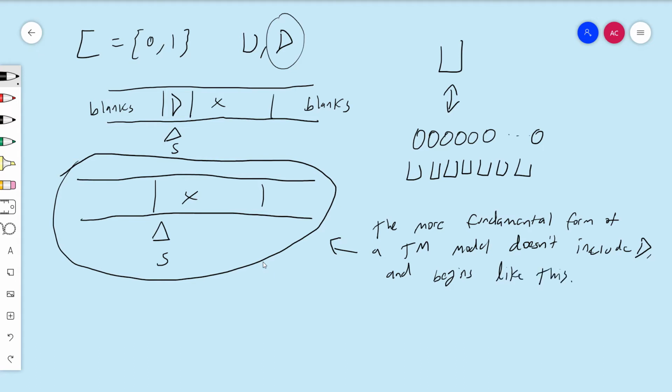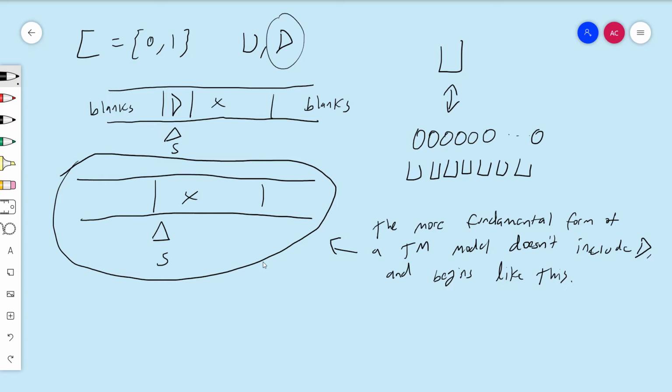Now in the next video, we will define a single-sided Turing machine, a Turing machine that only goes in one direction. In that case, this triangle does become necessary because you need an indicator of something that you can't go to the left of. But for a two-sided Turing machine, which is in many ways the more fundamental form, you don't need the triangle, and in fact, you probably shouldn't have it there.